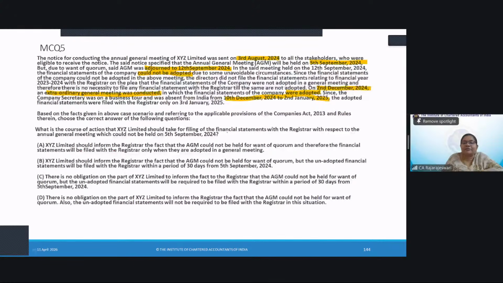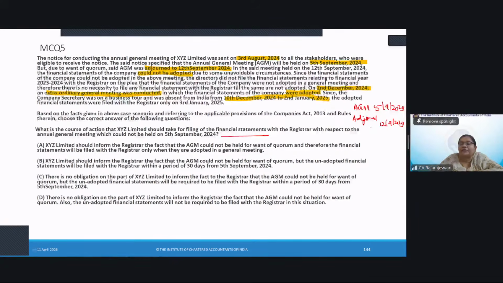XYZ Limited should inform... this is for filing the financial statements with the registrar. What is the course of action that XYZ should take for filing of the financial statements with the registrar with respect to the annual general meeting which could not be held on 5th September? Now you have to understand the concept first. On 5th September 2024, they called the AGM. It was adjourned to 12th September 2024.